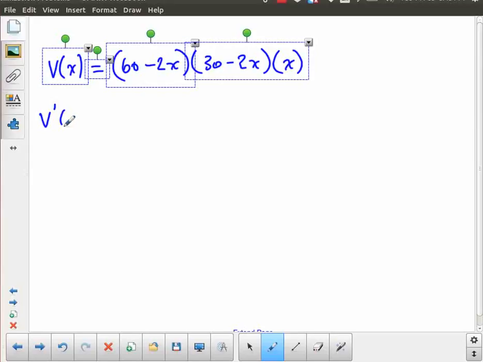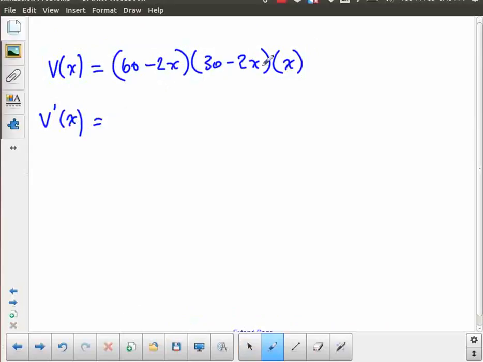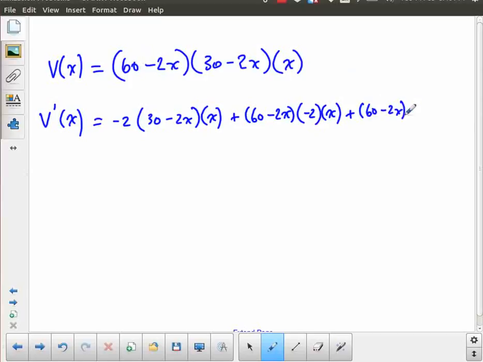So v prime of x is equal to, and I'm just going to use that product rule that we just developed. So it's going to be the derivative of the first, which is the derivative of this is just negative 2 multiplied by 30 minus 2x times x, plus the first, which is 60 minus 2x, multiplied by the derivative of the second, which is negative 2, times x, which is the third, plus 60 minus 2x times 30 minus 2x multiplied by the derivative, which is 1.